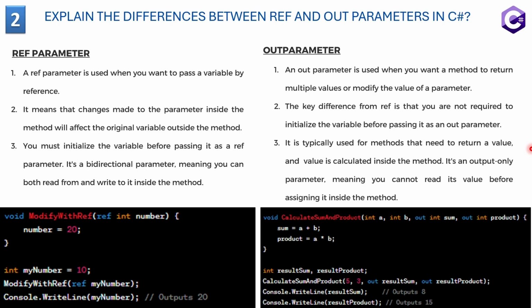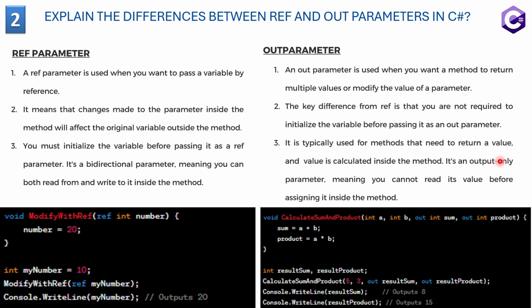Explain the difference between ref parameters and out parameters. It's one of the most important questions generally asked in interviews. Basically, ref parameters and out parameters are used when you want to return multiple values from a method. When it comes to the differences, a ref parameter is used when you want to pass a variable by reference.